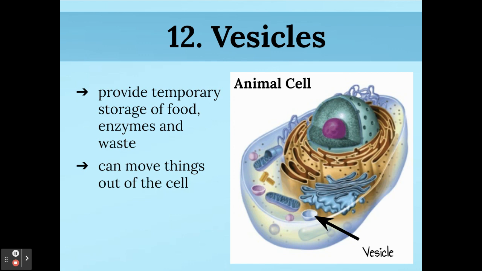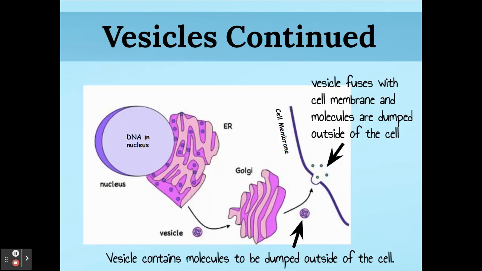Vesicles are other small round structures that are used to move things around. So they can temporarily move things around, but it's not permanent storage. So these are going to move all around and just help move things where they need to go. So vesicles would be used with the Golgi apparatus. So the Golgi is the post office of the cell. It's going to package up molecules.